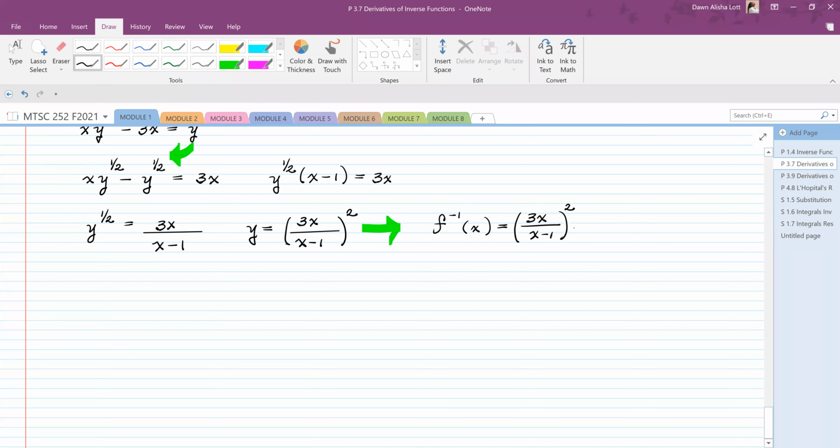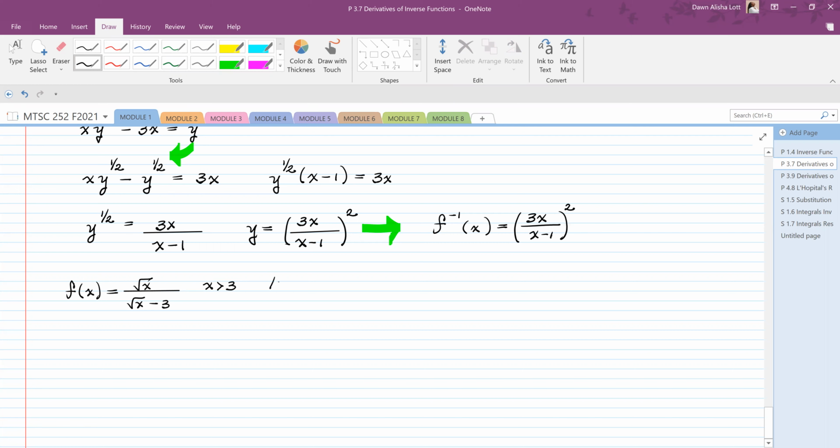And back over here, when we had f, the square root of x over the square root of x minus 3, we knew x had to be greater than 9.